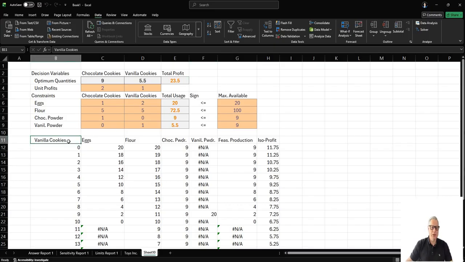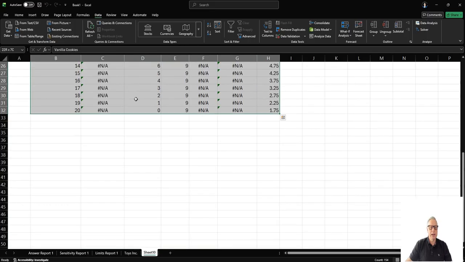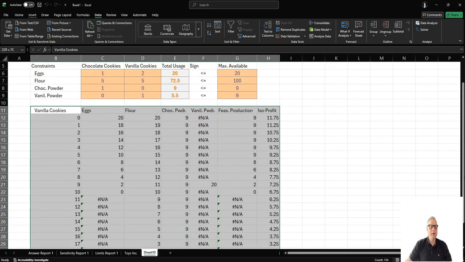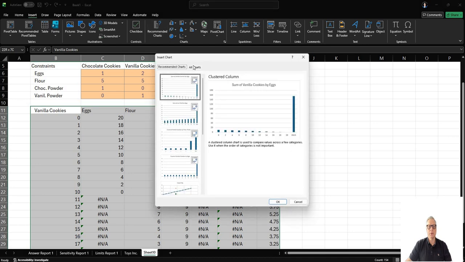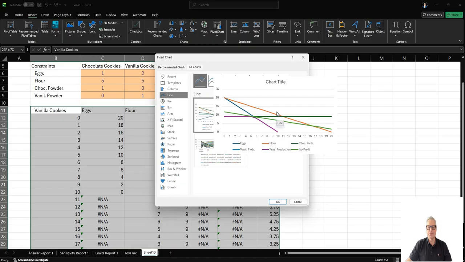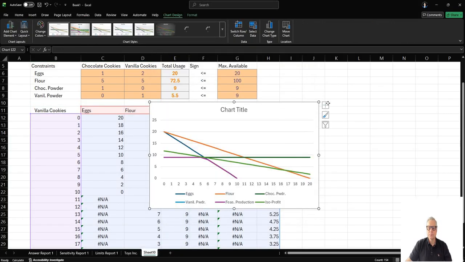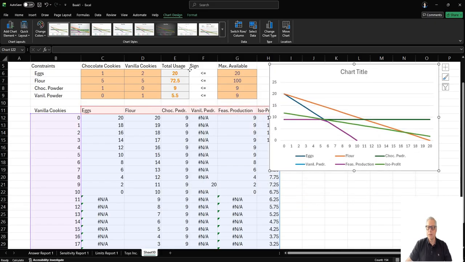So let's take a look at what our problem looks like. Let me draw that fully responsive graph. We highlight the data array, go to Insert, Recommended Charts, then I typically go to line, and it's the second from the left.